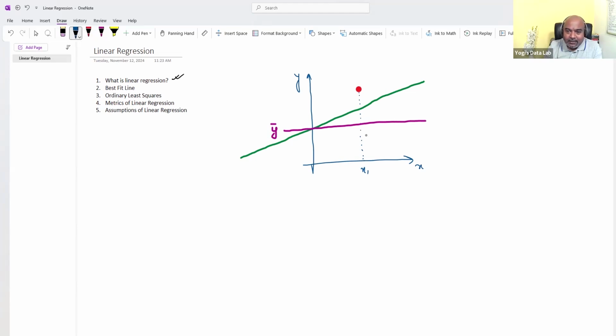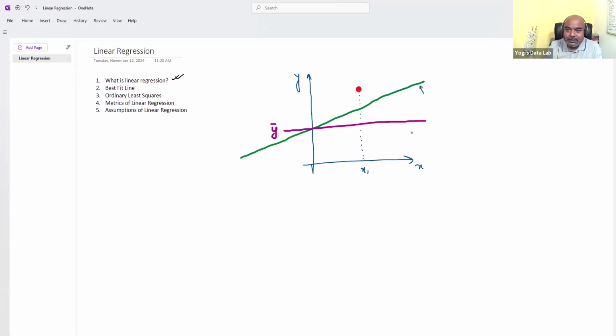If you look at this equation, this is the equation which has been formed. Whenever I give it the value x1, it is always going to predict this value, because this is a mathematical equation which has been formed. So I'm always going to get this predicted value of y when x is equal to x1.